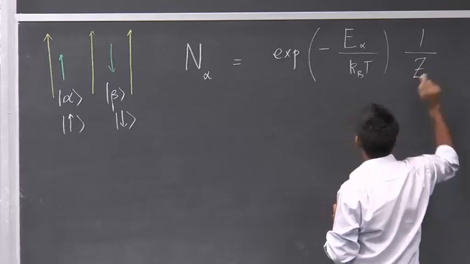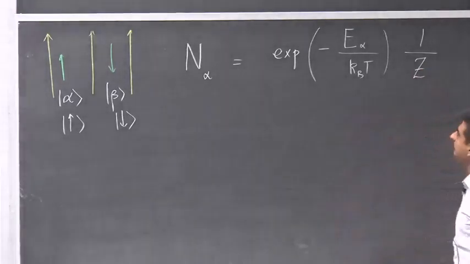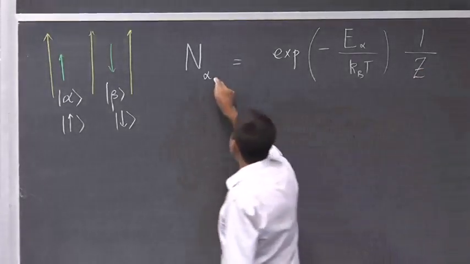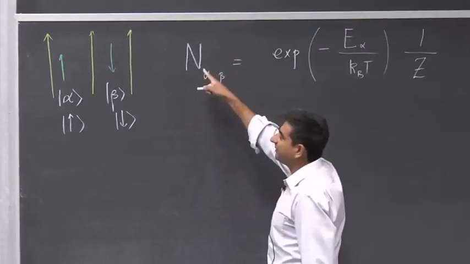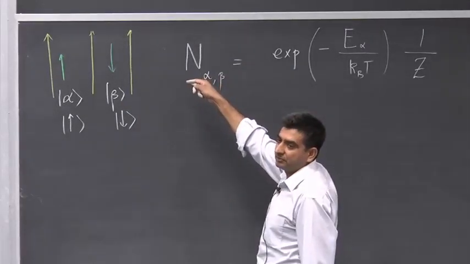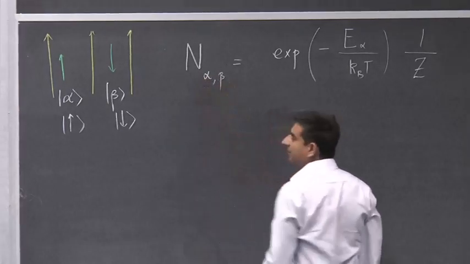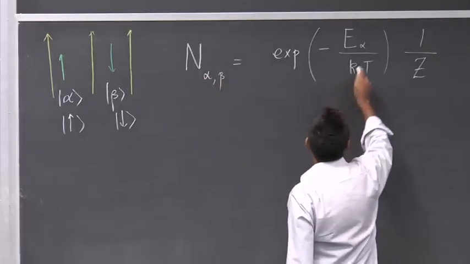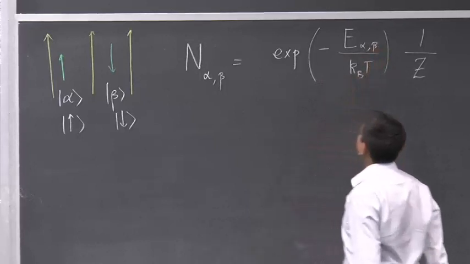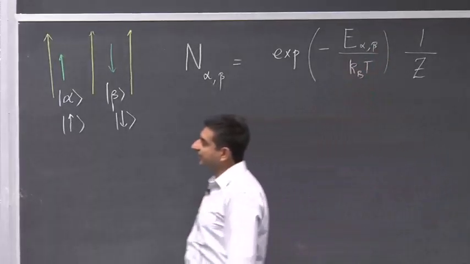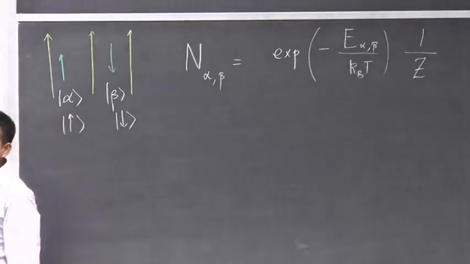The partition function Z. Likewise, the fraction of spins in the state beta is given by exp of minus E beta over kBT, divided by Z. And you know what these energies are. These energies are simply plus minus mu B times B.